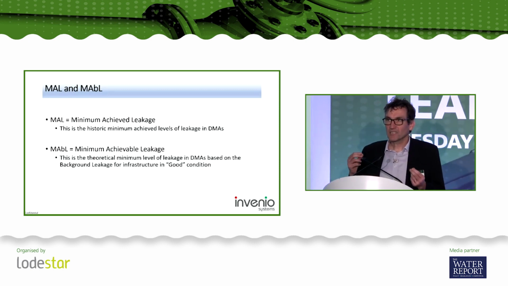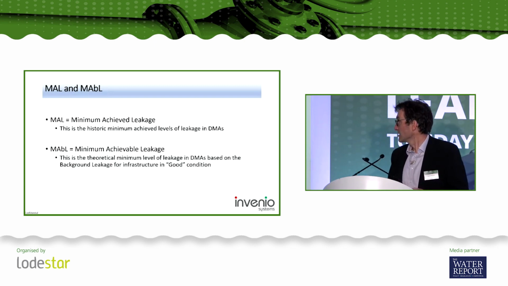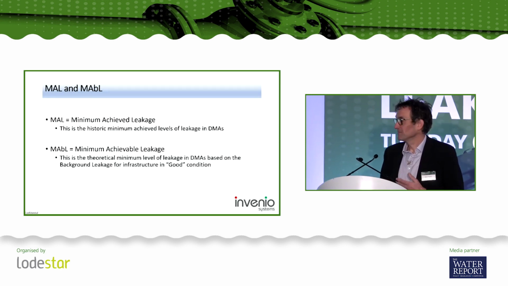And there are at least 2 versions of what MABLE might be. So when we've been looking at minimum achievable leakage, we have been using the 2011 managing leakage theoretical good condition background leakage.